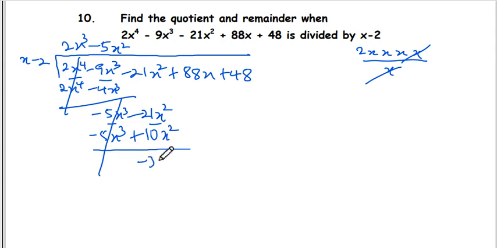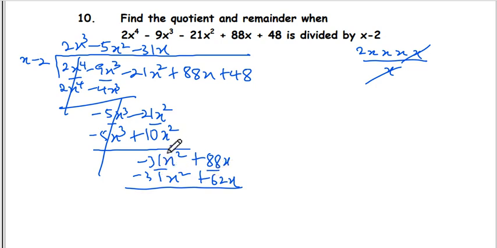Now bring down plus 88x. x into minus 31x squared, that's minus 31x. Minus 31x multiplied by x is minus 31x squared. Minus 31x multiplied by minus 2 is plus 62x.